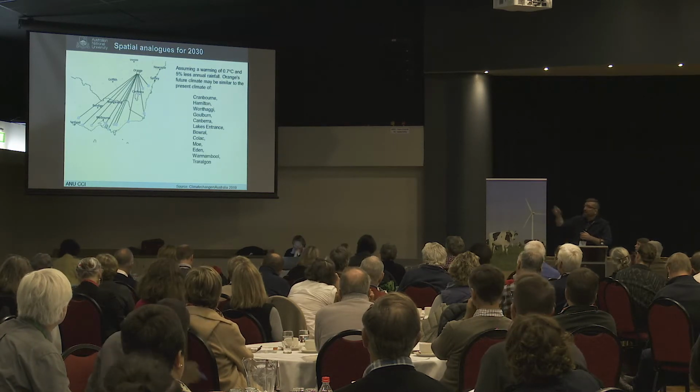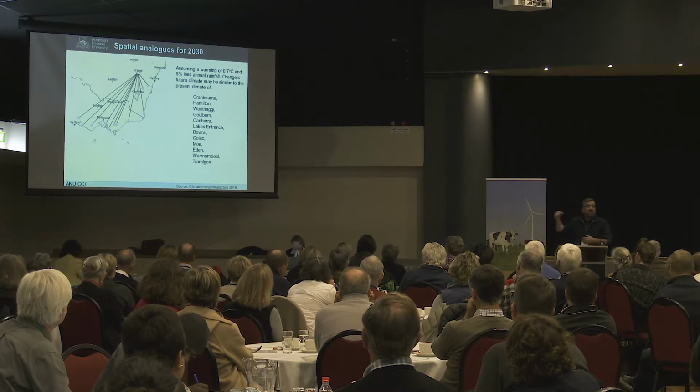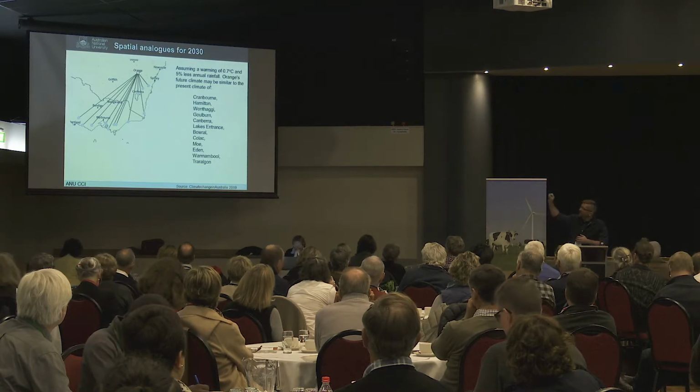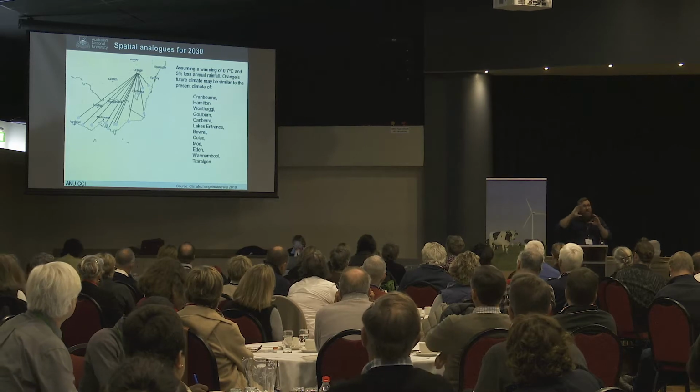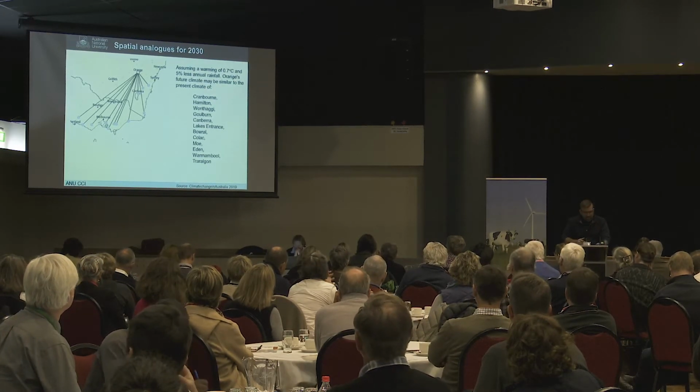And in a lot of those areas, there is viable and commercial agriculture happening. It might be slightly different to what's currently operating in Orange, but this exercise starts to give you some idea of what that trajectory of change might be.